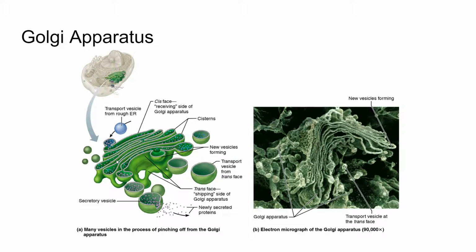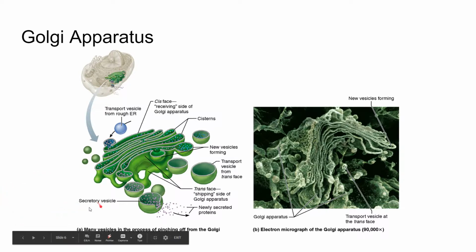It modifies them with some sort of carbohydrate or something that tags it, because those proteins are meant for secretion out of the cell. And secretion just means that a cell releases some sort of material. That's where you see this secretory vesicle here. These proteins have gone in, they've been modified, and they are ready to go out and do their job.